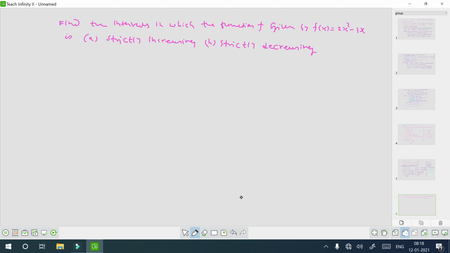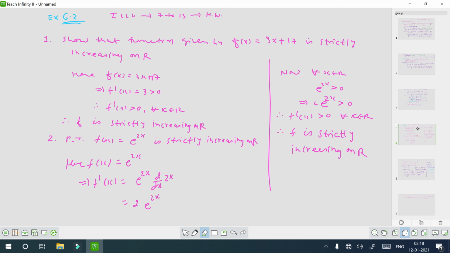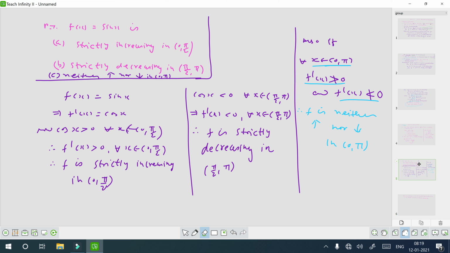That means, now see here, observe previous sum. Here they are asking that prove that it is strictly increasing function on R. Clear? Here they are asking that prove that it is strictly increasing in given open interval or decreasing in given open interval, or neither increase nor decrease in a given open interval.